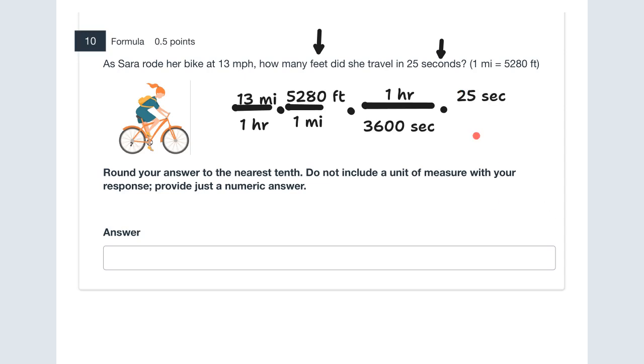And then I'm also going to multiply this by my 25 seconds. And we can see that when we put that over 1, the unwanted units now are the seconds, the hours, and the miles.